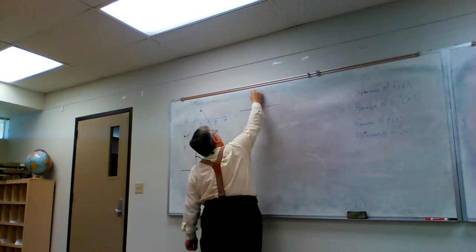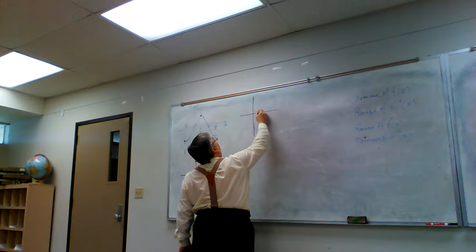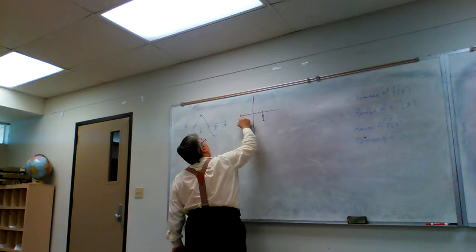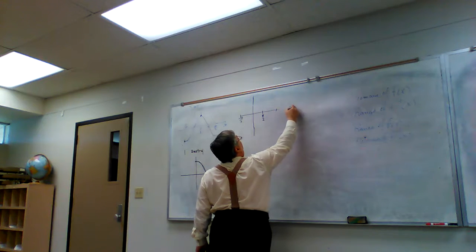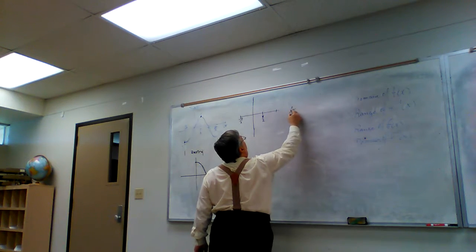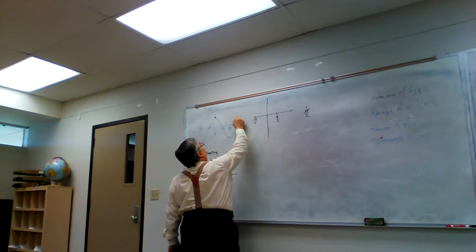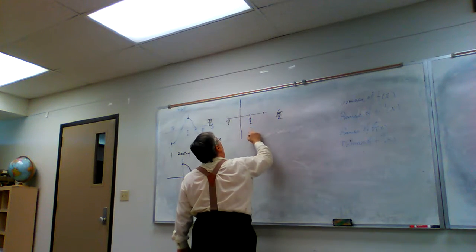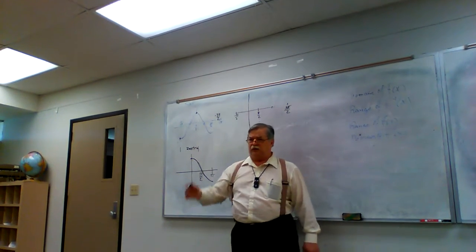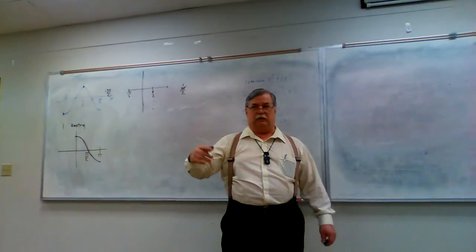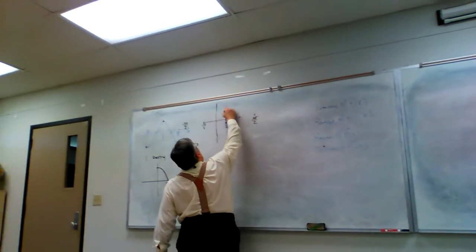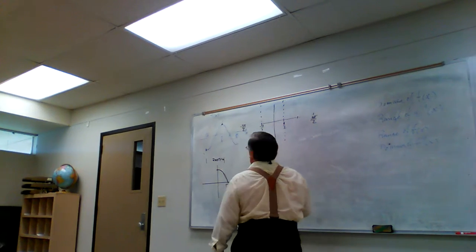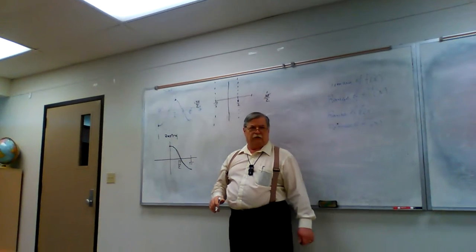We're going to look at the tangent function. Cosine is 0 at plus and minus 90 degrees, at pi over 2 and minus pi over 2. So at pi over 2 and minus pi over 2, tangent is undefined. That's where the asymptotes are.